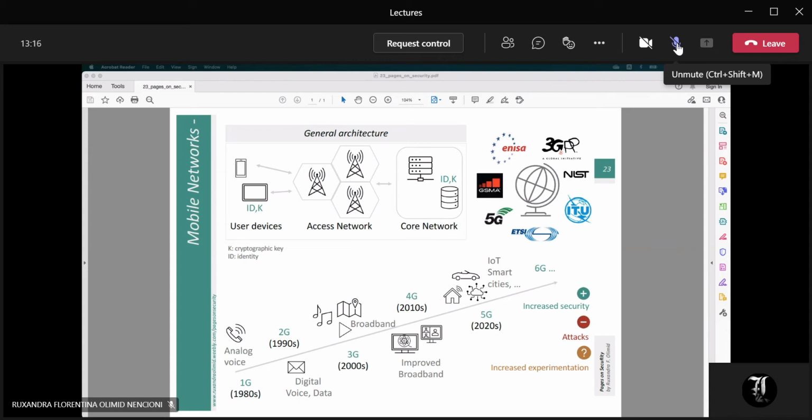So this is one of the reasons: to assure a high density, or a high number of clients, in a given space or region.